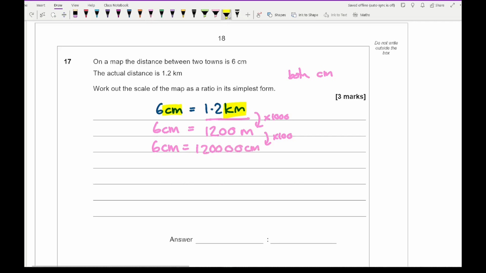Now this is the ratio that I need to simplify. So if I divide both these numbers by 6, and again just use a calculator, I should end up with an answer of 1 centimetre equals 20,000, just checking the number of zeros. So the ratio then is going to be 1 to 20,000.